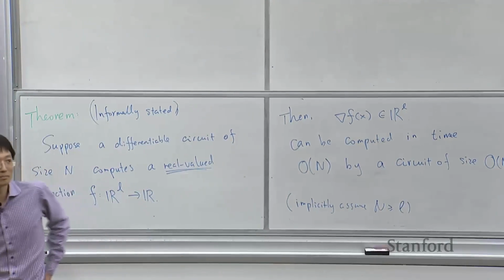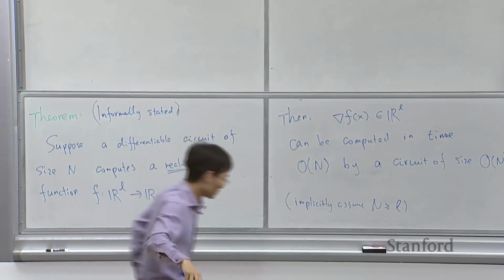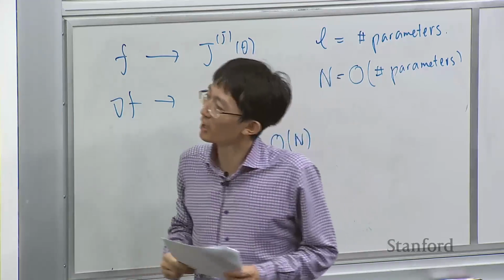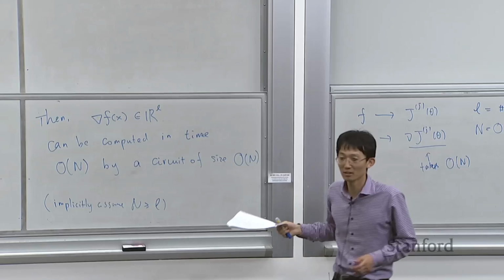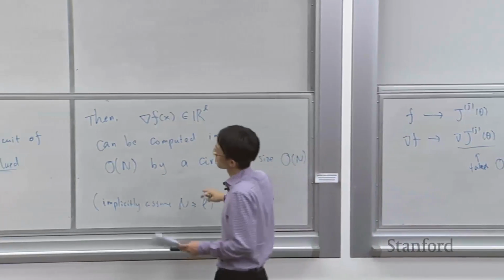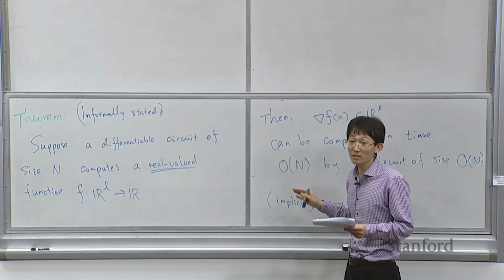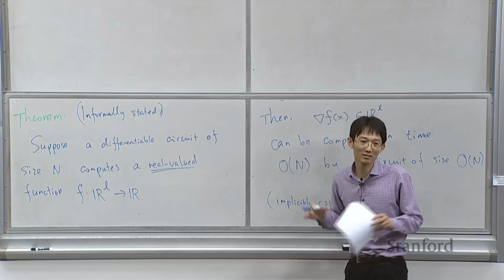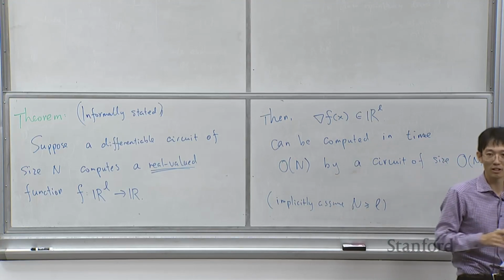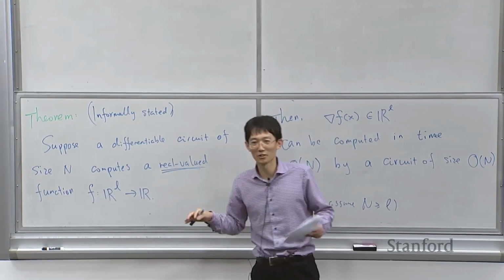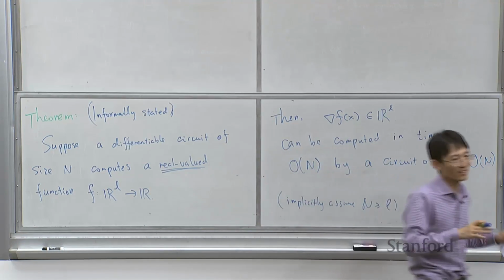Any other questions? Okay, so the plan for the rest of the lecture is that we're going to show you how this works for neural networks. I'm not going to show you how this works for general circuits. It's actually not much different if you do it for general circuits, but you need a lot of jargon to really prove this with general circuits, because you have to consider all the generalities.